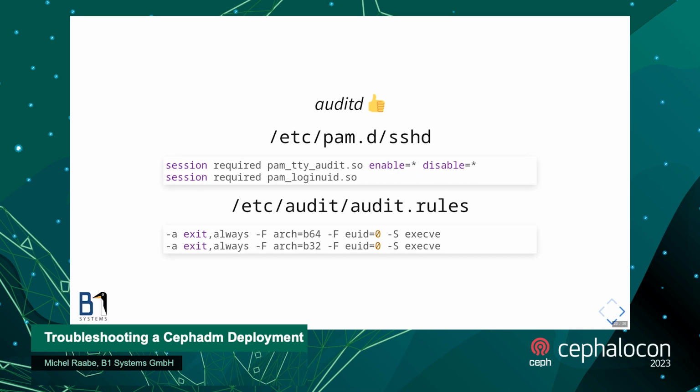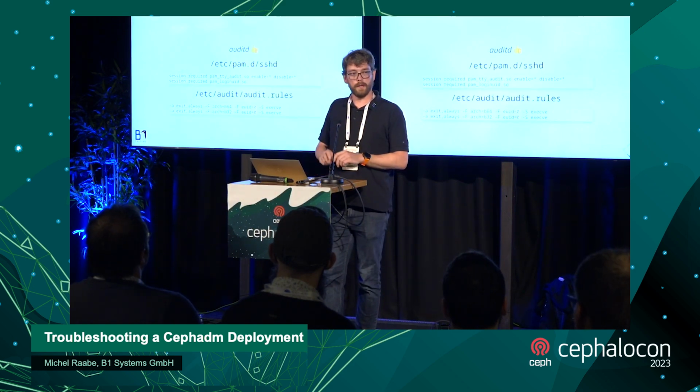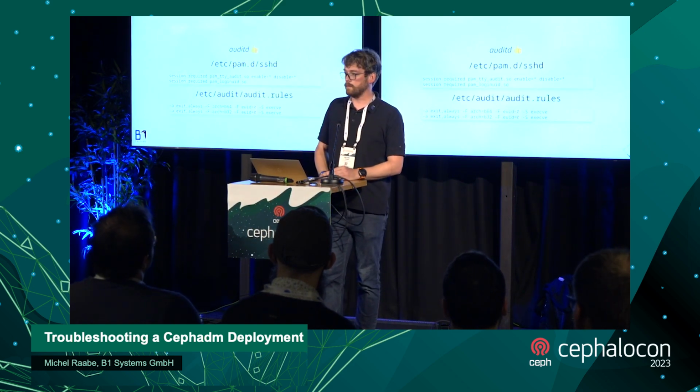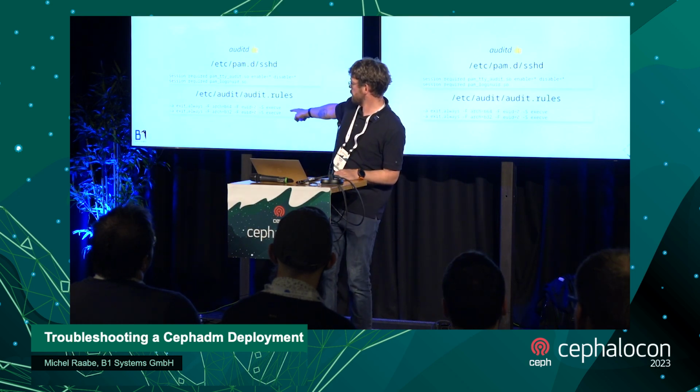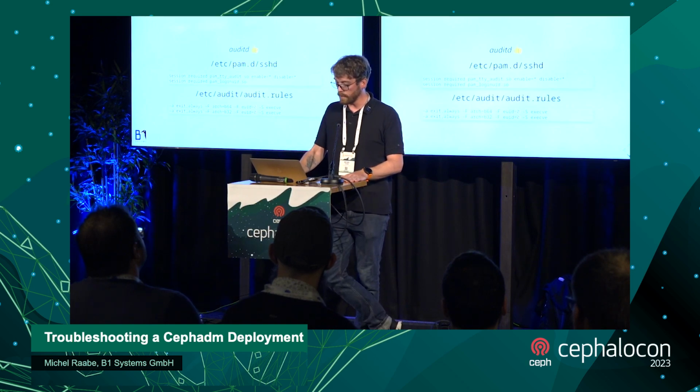And if you are using a different user than root for the Ceph ADM, these 2 lines are important because they also log the change. If you log in with the user and then type sudo into the root, these 2 lines are required to also log the sudo commands.